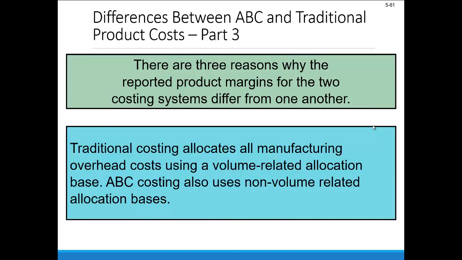In addition, our traditional costing allocates all those overhead costs using the big volume related allocation base. In the case of Baxter, that was the machine hours. ABC, though, uses some non-volume related allocation bases. Things like number of customer orders, number of design changes. They're transaction drivers, but they're not based on volume of products, I think is the key distinction there.